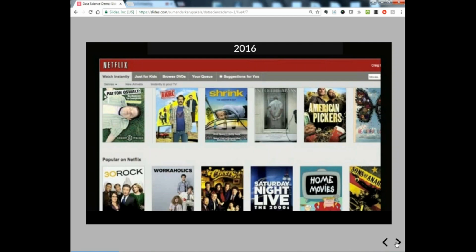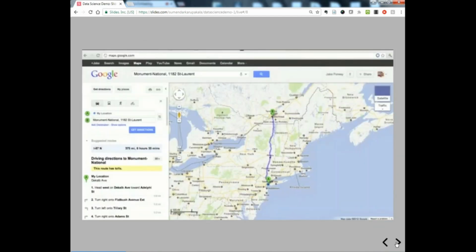If you want to move from one place to another, instead of asking some person, we just go into our mobile and see the location, how much distance it is, and what is the shortest route we want to take, and all those things.